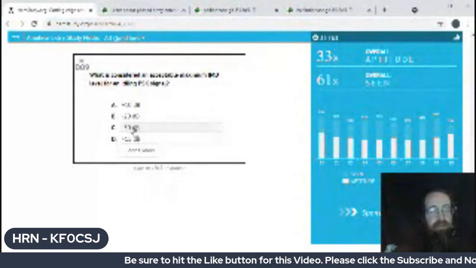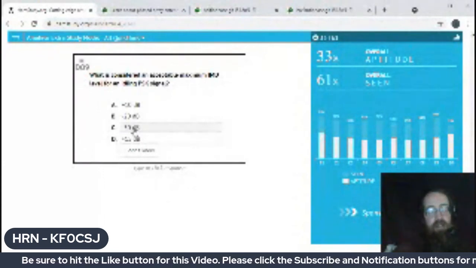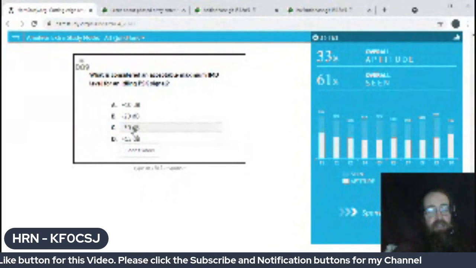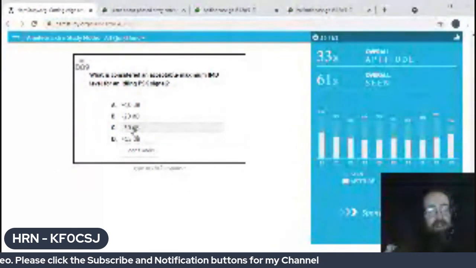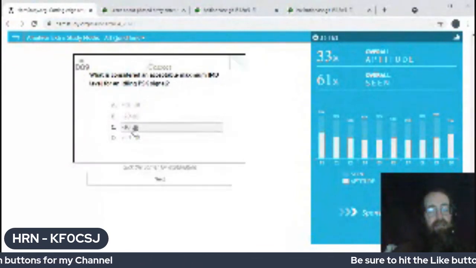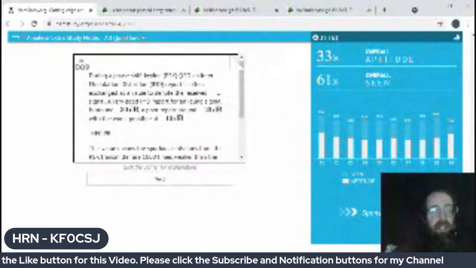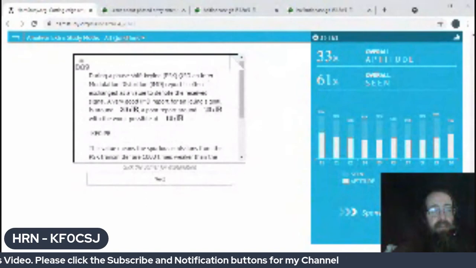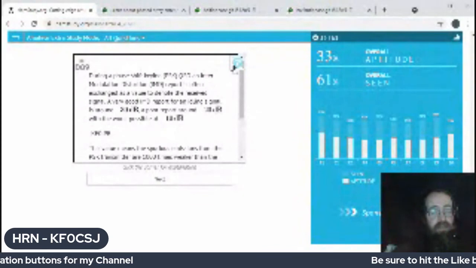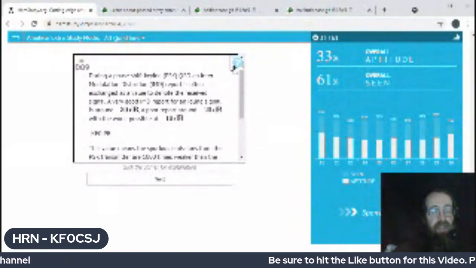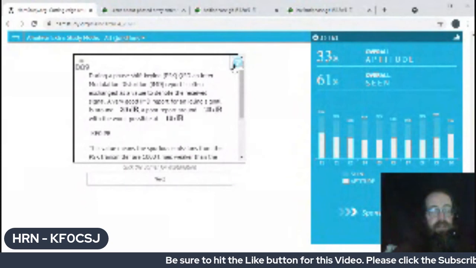I'm going to guess, probably wrong, negative 30 dB, just because you want the least amount of signal for idle. And I was right, probably for the wrong reason. IMD is intermodulation distortion, and you want the lowest amount of distortion possible.